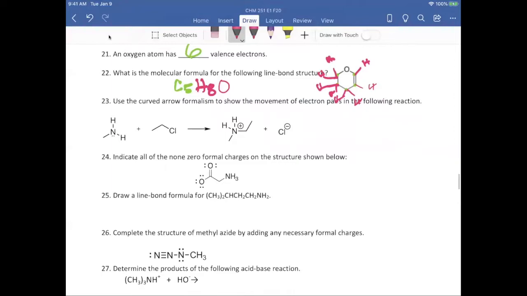Okay, so how are we going to use curved arrows to show the movement of the electrons in the following chemical reaction? If we look at the starting material, we have nitrogen with 2 hydrogens, a lone pair, and a bond to a carbon. And then we have 2 carbons with a chlorine. And then we look at our final product and we have chlorine all by itself. So something is definitely going to happen with this bond. And then the nitrogen actually has 4 bonds now.